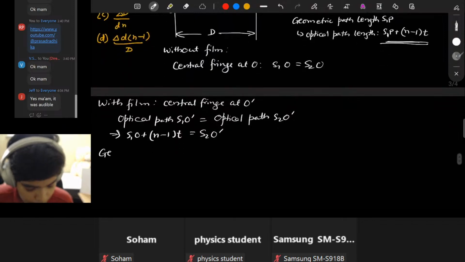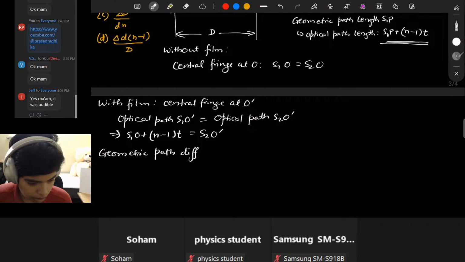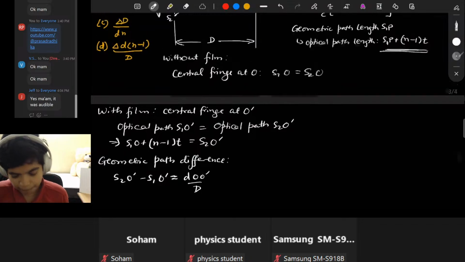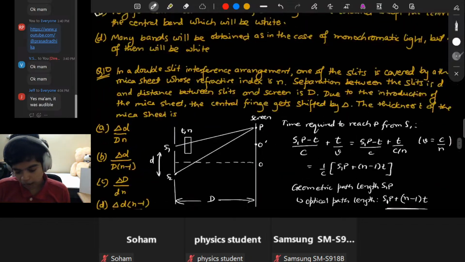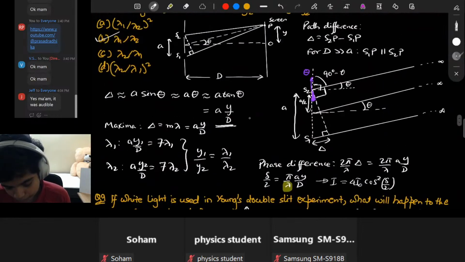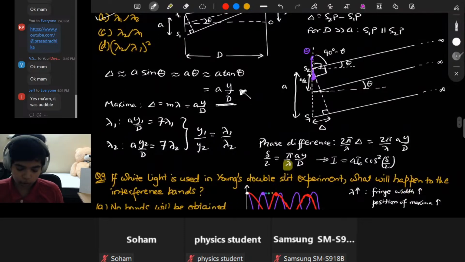Also, from the geometric path difference, we see that S2O prime minus S1O prime is approximately equal to d times OO prime over capital D. This comes from when we discussed it over here: slit separation times y over distance to the screen.